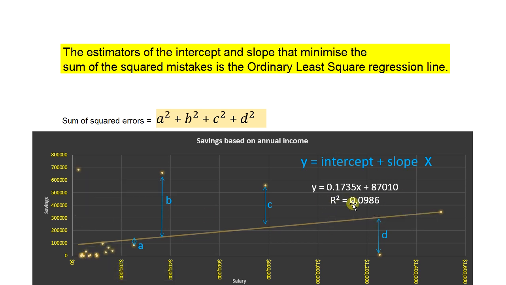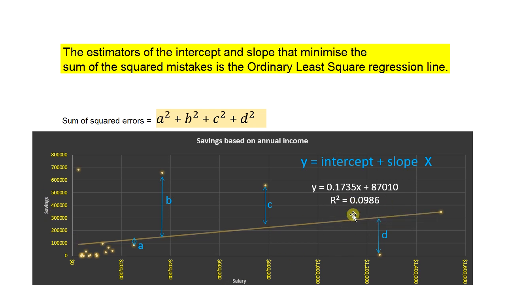And we will discuss R squared later, but I've just shown it to you here. Now, if your R squared is closer to 1, that means the linear regression line is quite a good prediction of your data. In this case, it's not even closer to 1. It's 0.09. What we are saying is, you're not explaining the savings well using your salary. The salary is not explaining the change in savings quite well, because your R squared is very low.